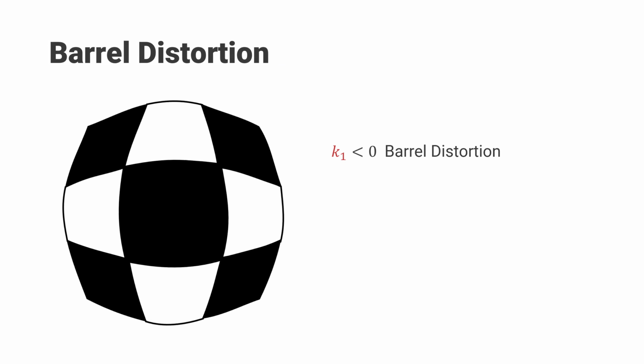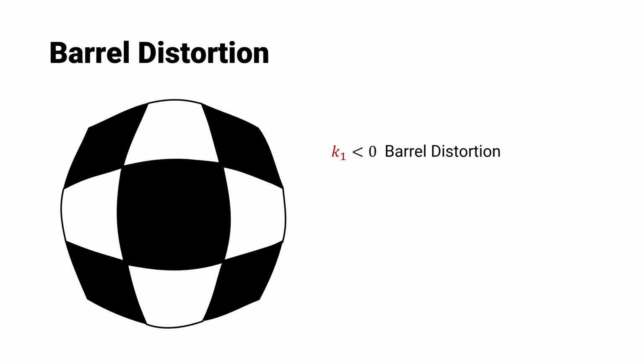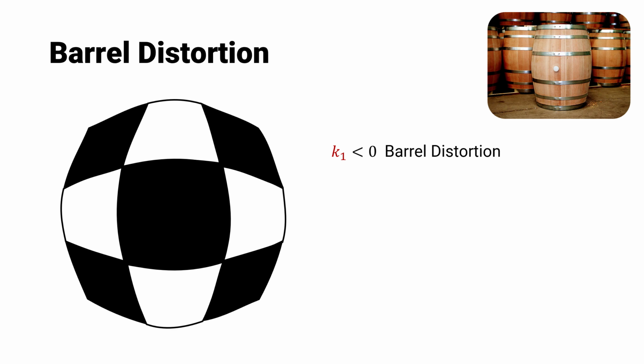So if your k1 is negative, like we have seen before, this distortion is called the barrel distortion. Remember, the checkerboard was beautiful and straight, but in our GoPro, it looks really bent, right? It's like somebody punched the image from the back, so it looks like a barrel.